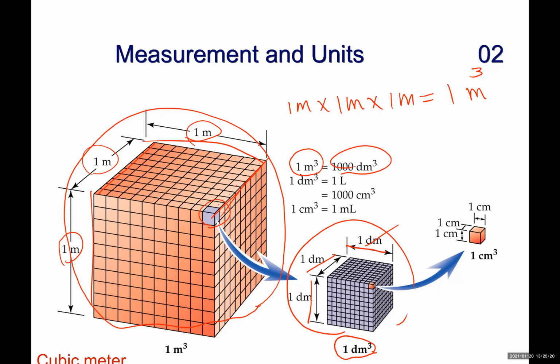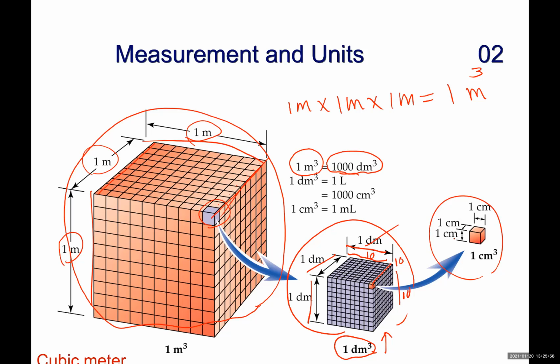So can I say 1 cubic meter is 1,000 cubic decimeter? 1 cubic meter is 1,000 cubic decimeter. And if I look at this cubic decimeter, if you count, you're going to get 10 cubes here, 10 cubes here, and 10 cubes here. 10 times 10 times 10, you get 1,000 of these cubes. Each one of them have a dimension of 1 centimeter by 1 centimeter by 1 centimeter.